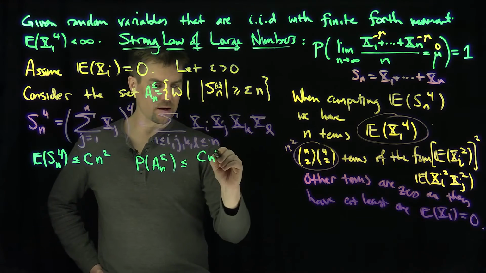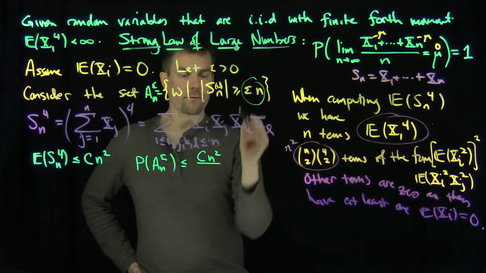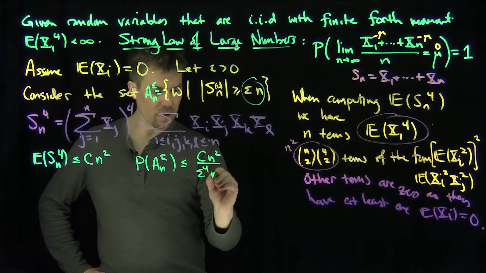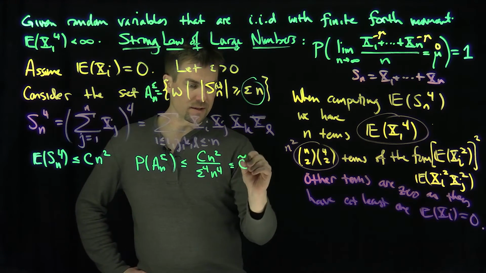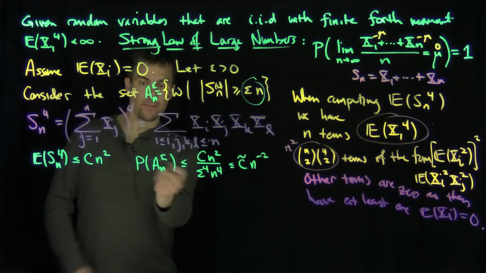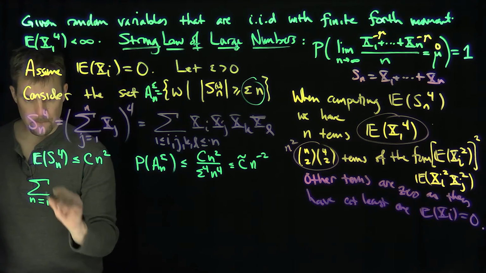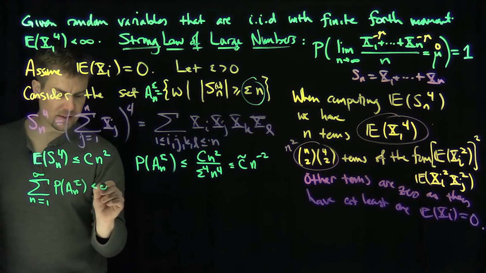So it's going to be C n squared over this quantity to the fourth power, epsilon to the fourth, n to the fourth. And this thing is of order what? This is less than or equal to some new constant c tilde, which depends on epsilon, times n to the negative 2. So in other words, the sum over n from 1 to infinity of the probability of An epsilon is less than infinity.